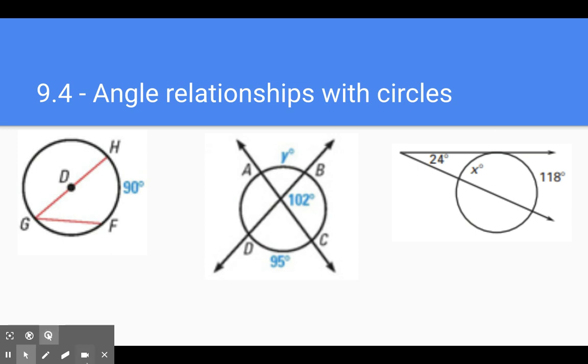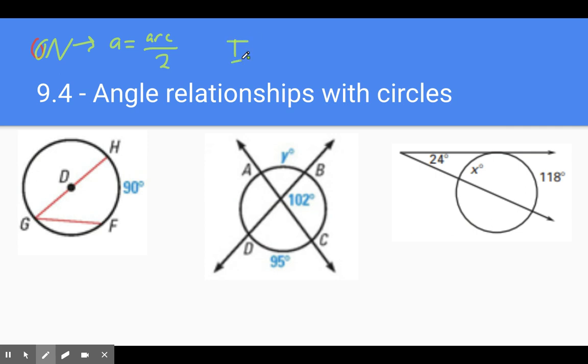9.4, angle relationships with circles. Remember, that's on, in, or outside. If it's on the circle, the equation is just that the angle is equal to the arc divided by 2. Or you can flip it around and say the arc is equal to the angle times 2.